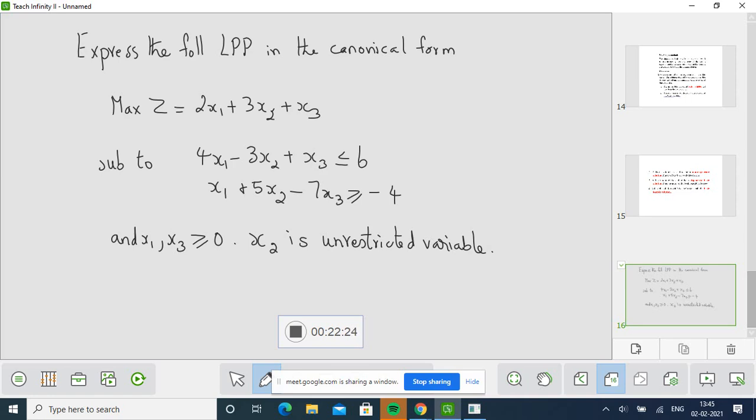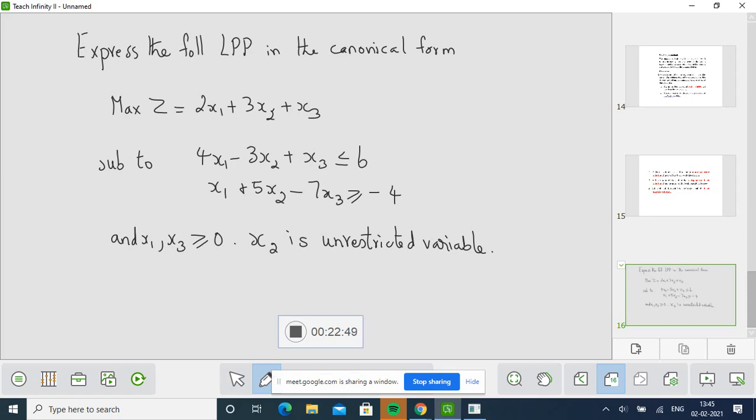So the first step is clear: the given problem itself is a maximization problem. Then all your inequalities should be less than or equal to, so multiply the second inequality by minus 1. Then x2 is unrestricted, so write it as a difference of x2 prime and x2 double prime.